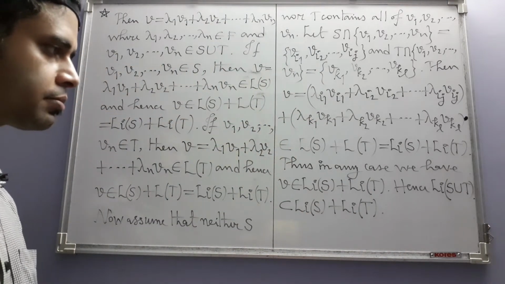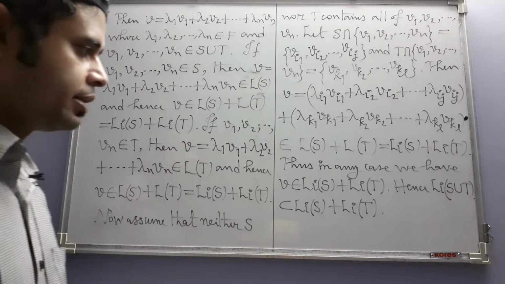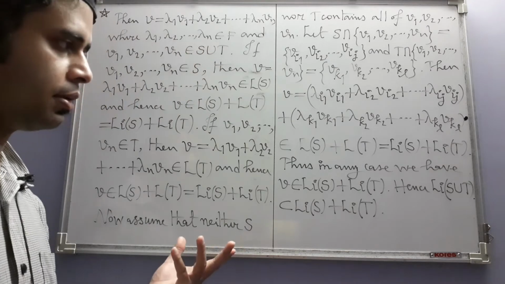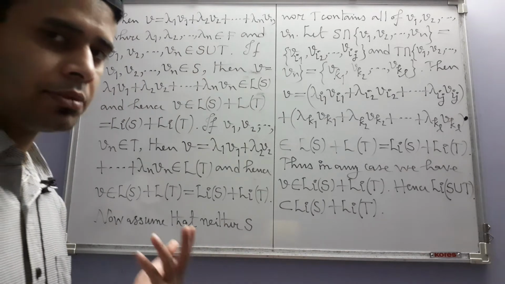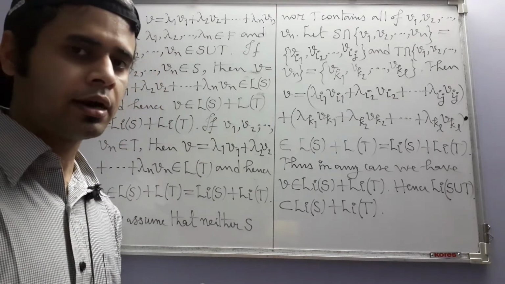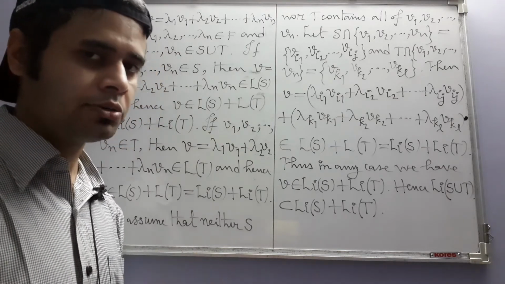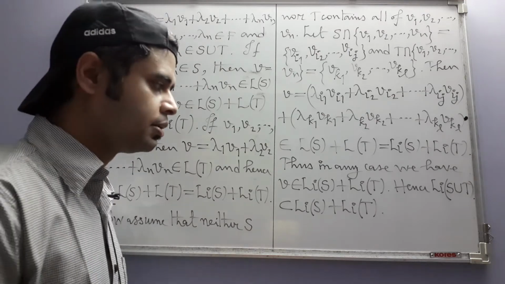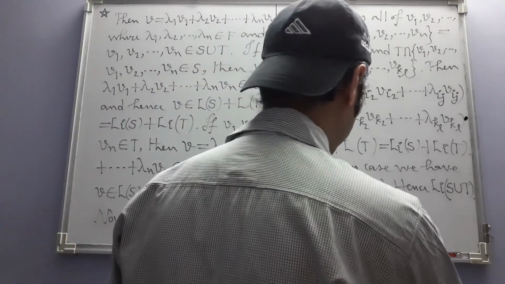Okay, but keep in mind that this itself is also coming from a case, coming from some restriction, namely when S and T are disjoint, but they may not be disjoint, they may have some intersection, there may be some common vector. So what do we then do?